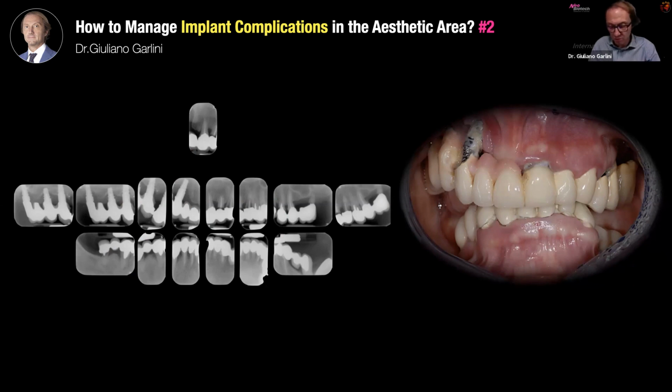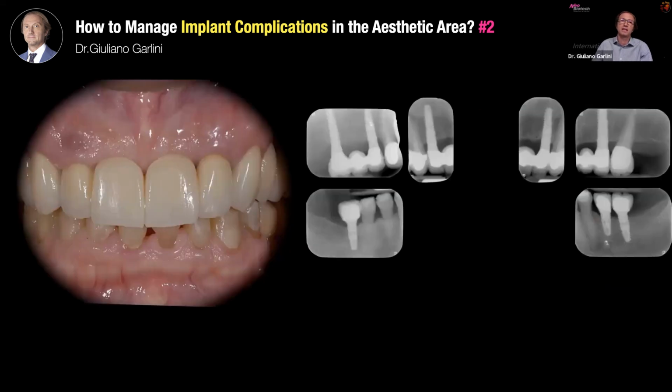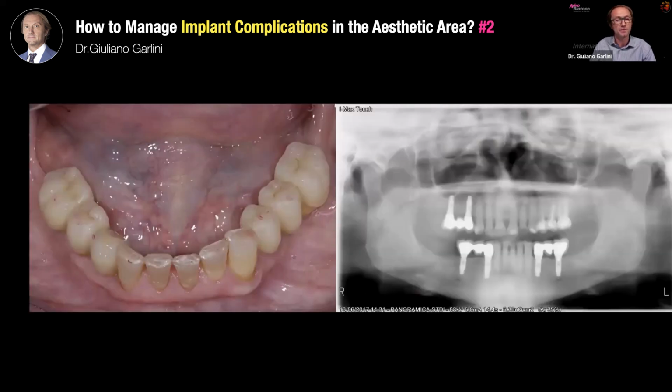So when we have to rehabilitate this kind of patient, we must consider that communication is the key factor if you want to have success in your clinical practice. And if you don't want to have patients like this, but you want patients like this one, you must communicate very well with the patient.